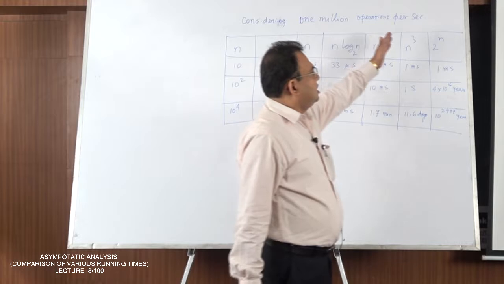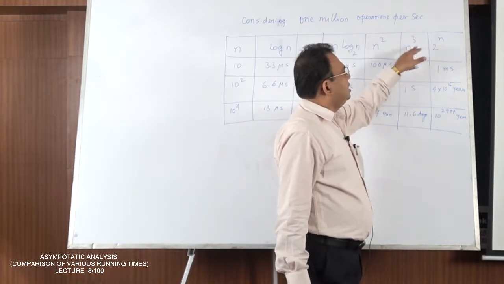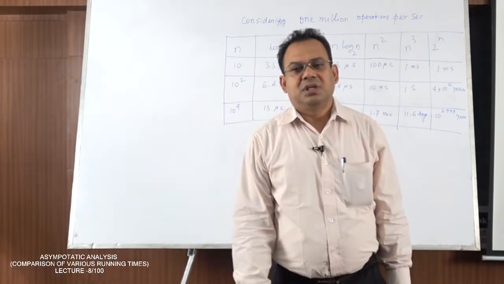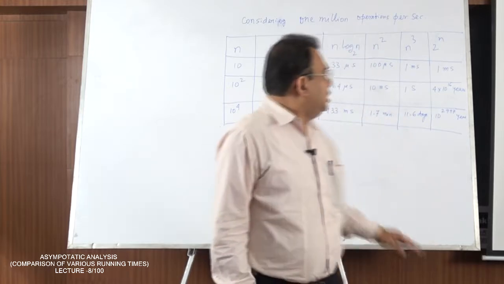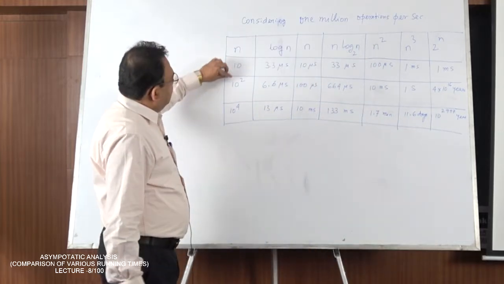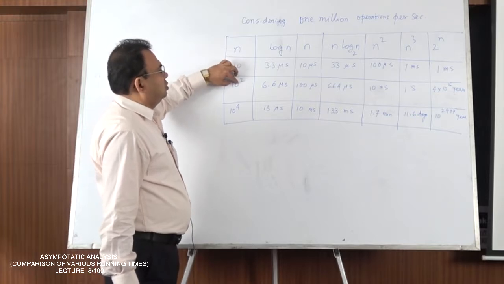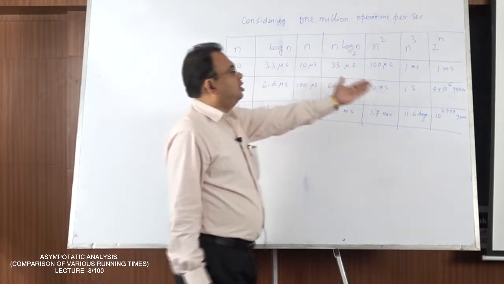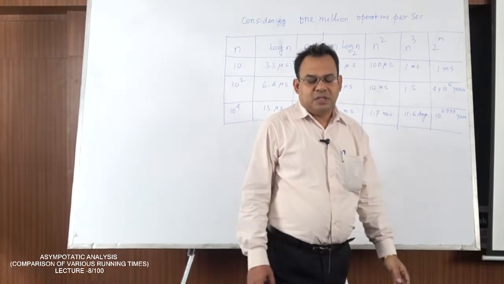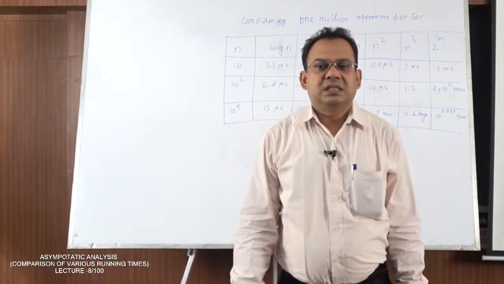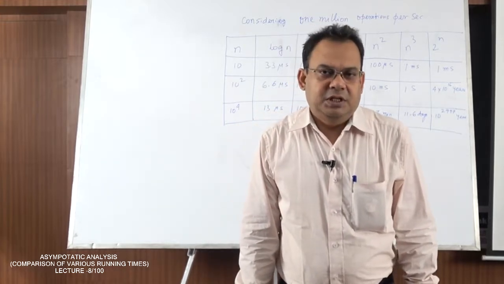Whereas if the solution is exponential or higher degree polynomial, then those solutions are not at all acceptable, because even for a larger input, a 2-digit or 3-digit input, the output may not be obtained at all. So that's why the analysis and design of algorithms is very important.